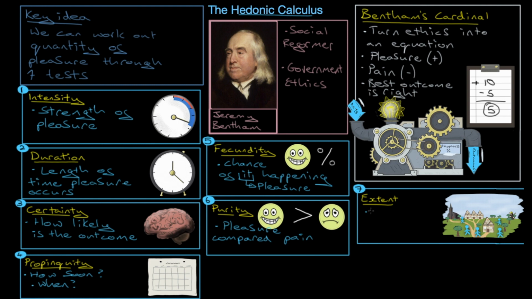So that is the number of people that will be affected by the action. Now remember, Bentham's living several hundred years ago, and the number of people being affected by any given action is significantly smaller than the number of people that would be affected today in our hugely interconnected world. It's a thing you've got to bear in mind.